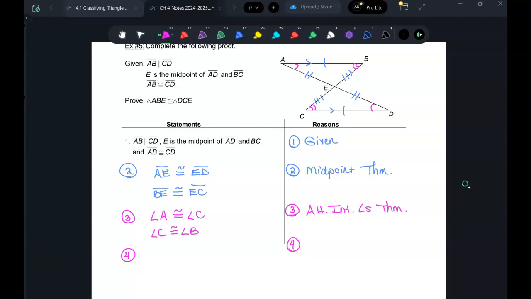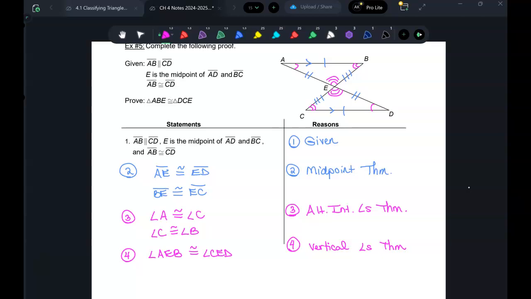We could make the vertical angles. So angle AEB is congruent to angle CEB. So that is vertical angles theorem. Okay, so do I have all three sides and all three angles now?